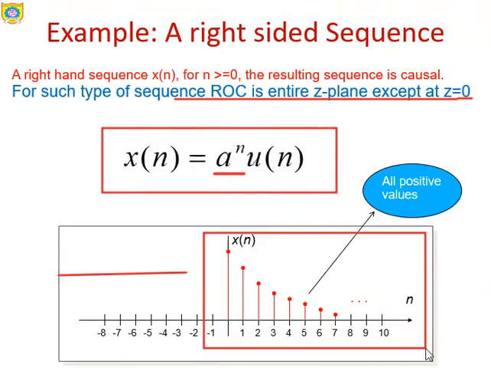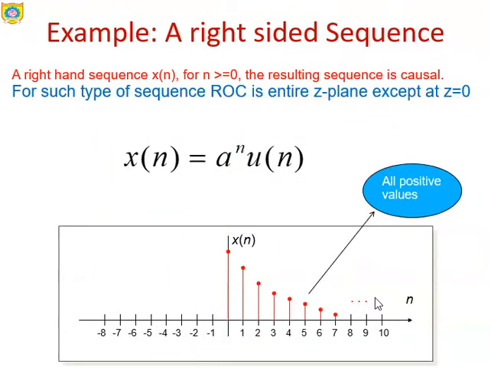This is the graph we expect for n greater than or equal to 0. Here n is equal to 0, then n equal to 2, then 3, then 4, 5, 6, and the sequence is plotted like that.